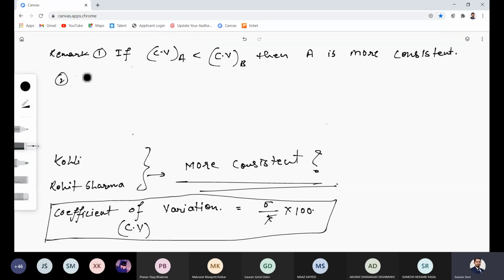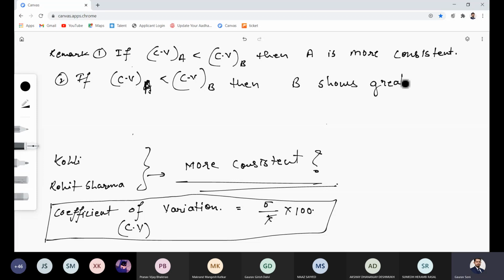Second, if the coefficient of variation of A is smaller than the coefficient of variation of B, then B shows greater variability.